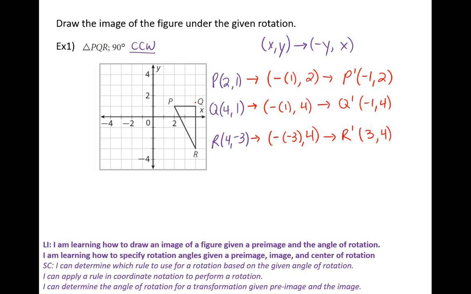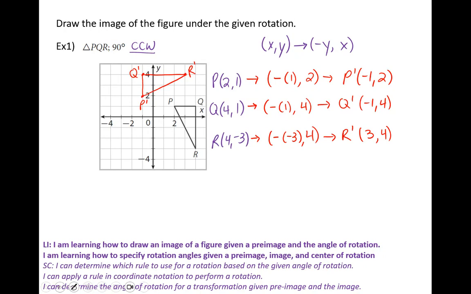Okay, so we're going to graph those points. P prime is at negative 1, 2, Q prime at negative 1, 4, and R prime at 3, 4. Then we connect the dots, and we have done the rotation.